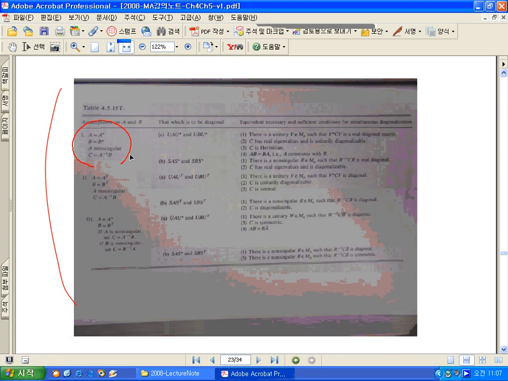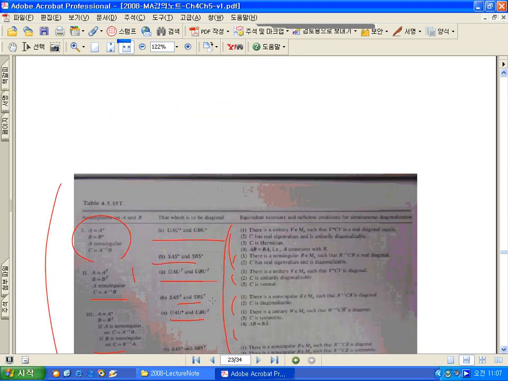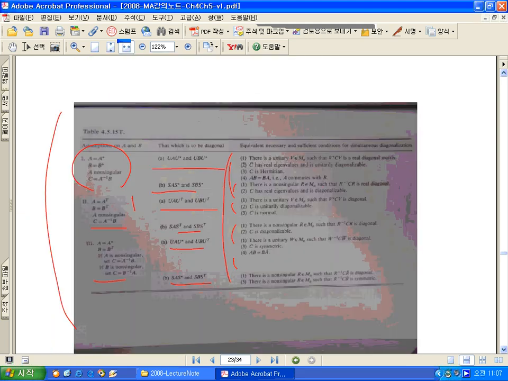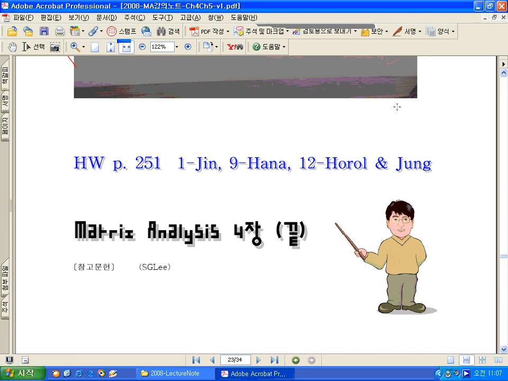It lists some relationships: similarity, conjugate transpose and star congruence, transpose and T congruence, and the equivalent statements for each property. Just take a look. This is page 229. There are some homework problems on this chapter and section, page 251.